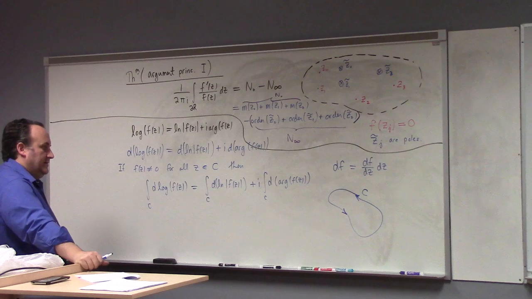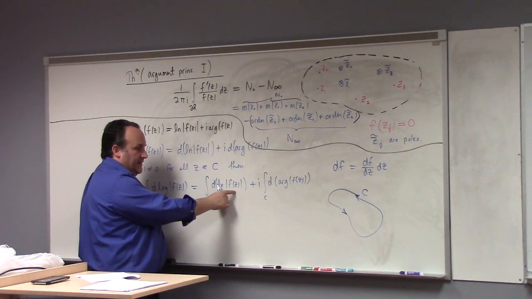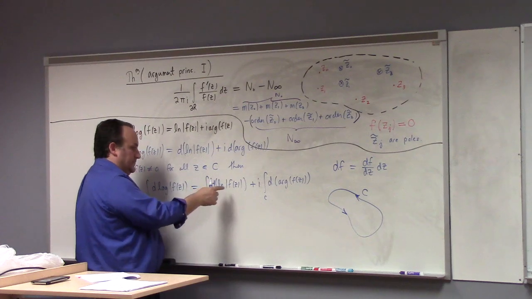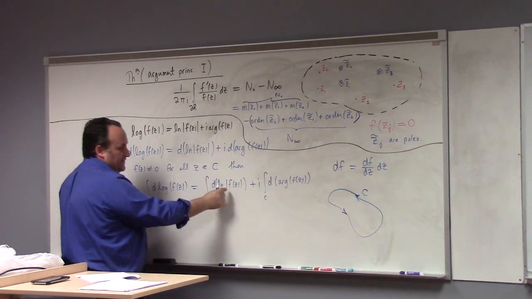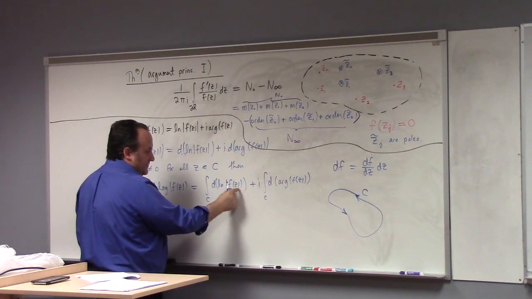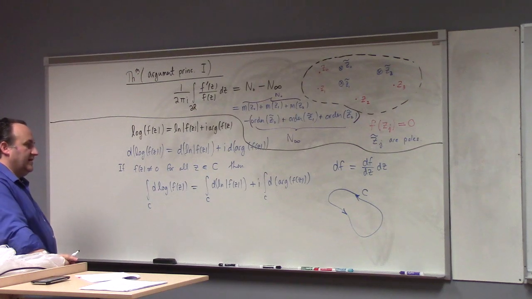In other words, this is an exact form on the curve because we've assumed that f prime of z is not equal to 0. So the function natural log absolute value of f of z is continuous on the whole curve.